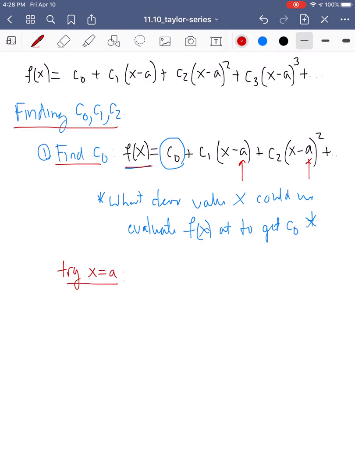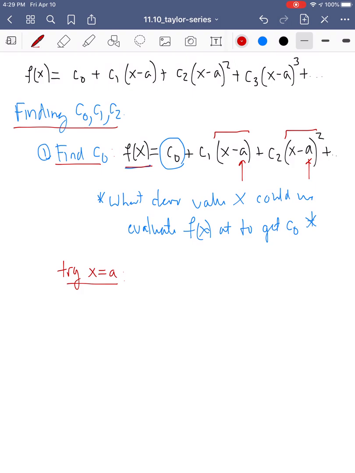The intuition for doing this is basically if we look above, we see all these terms that are like x minus a squared, x minus a cubed, x minus a to the fourth, and so on. And if we evaluate at a, we're going to get a minus a squared, a minus a cubed.